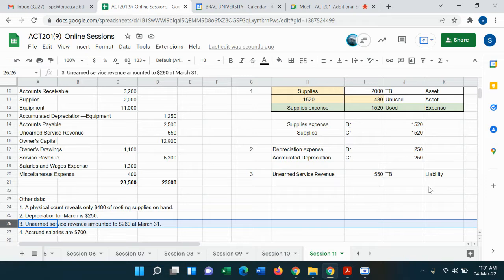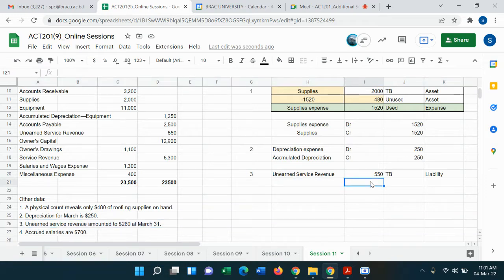We have to reduce by 260. So what should be the remaining liability?